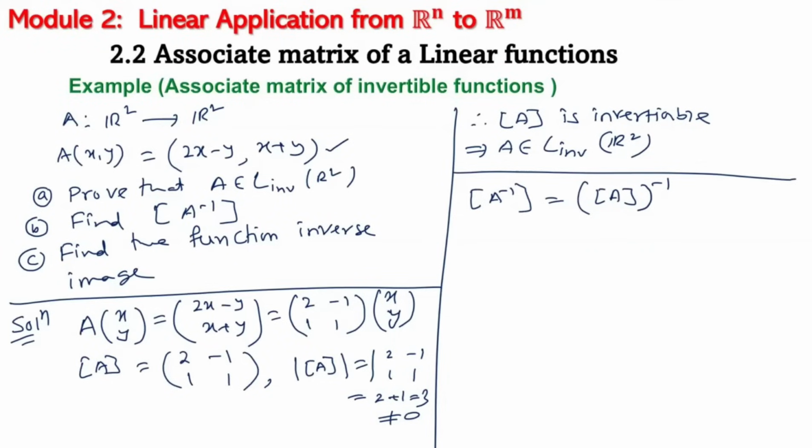So this inverse will be 1 over 3 times the 2 by 2 matrix where we just change the position of these two, so it will be 1, 2, and change the sign of this one, so this will be 1 and this is minus.